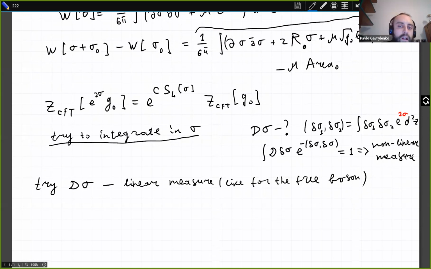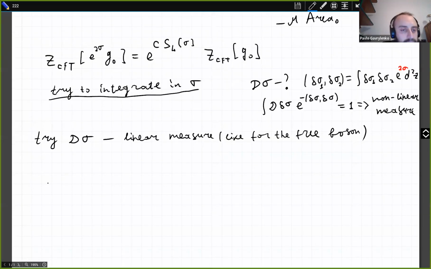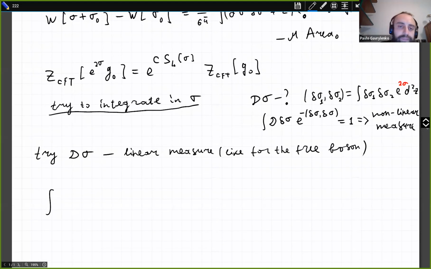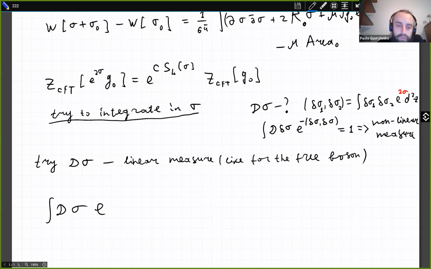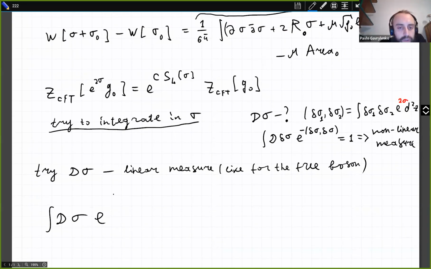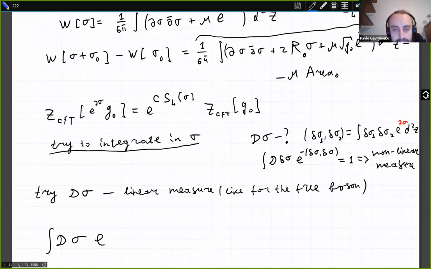So we will have some integral, the integral over d sigma of e to the minus, let us write some coefficient in front of this Liouville action.